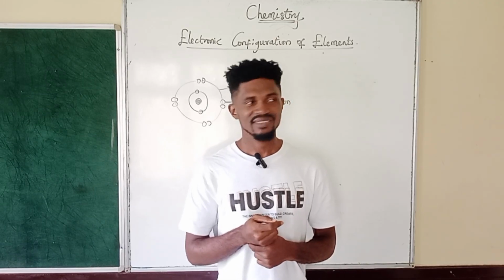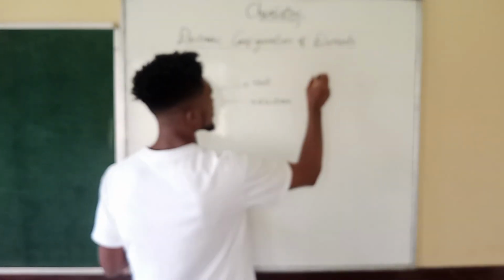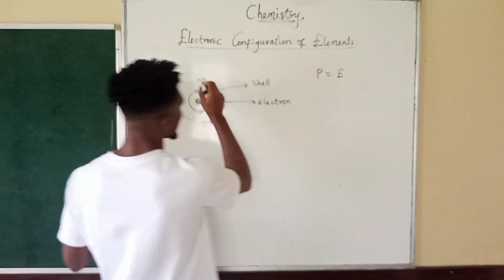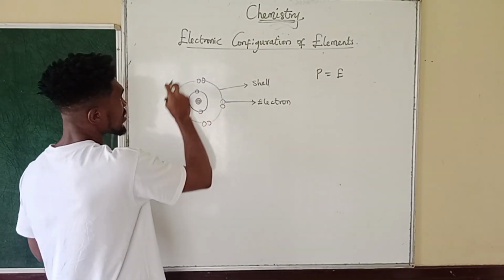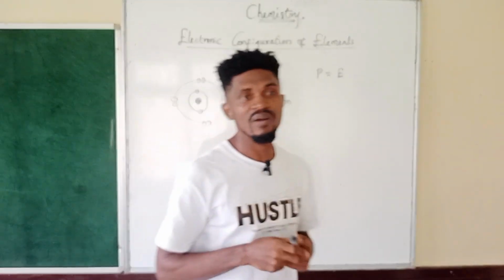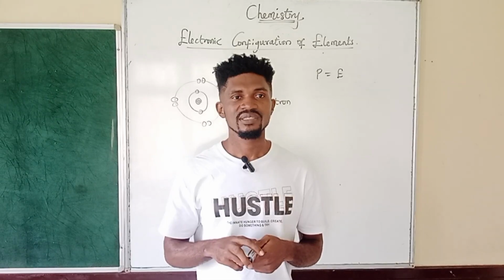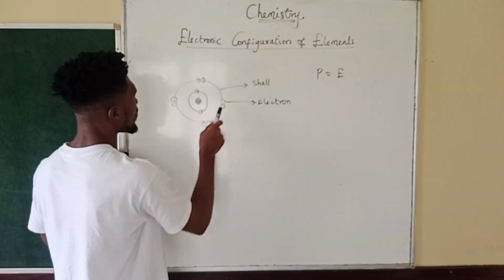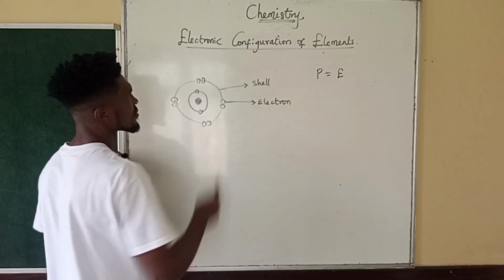Am I making sense? So if proton is equal to the number of electron, that means the number of electrons revolving around here is the atomic number of that element. Okay? So in this case now we have 1, 2, 3, 4, 5, 6, 7, 8, 9, 10.